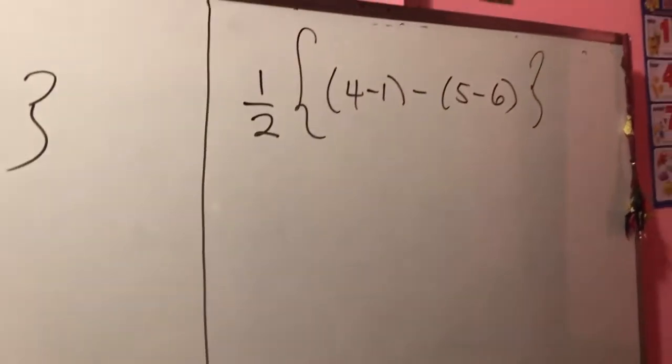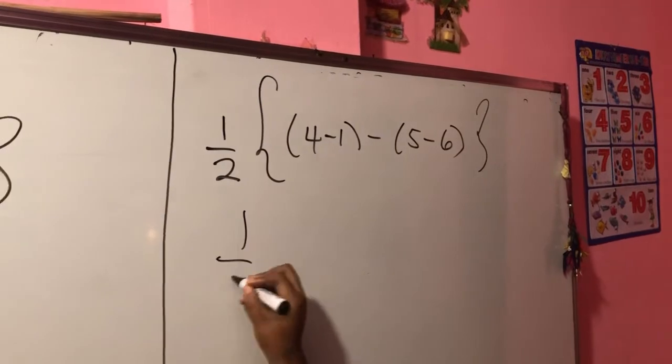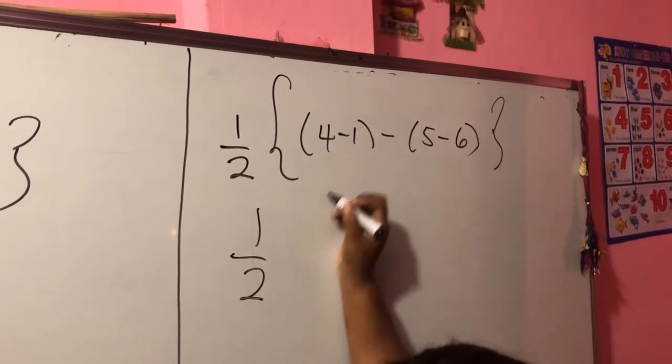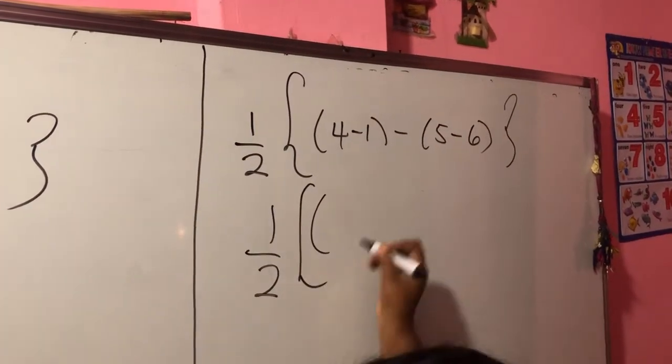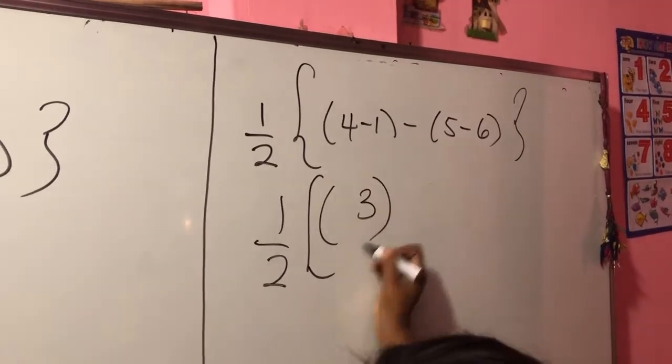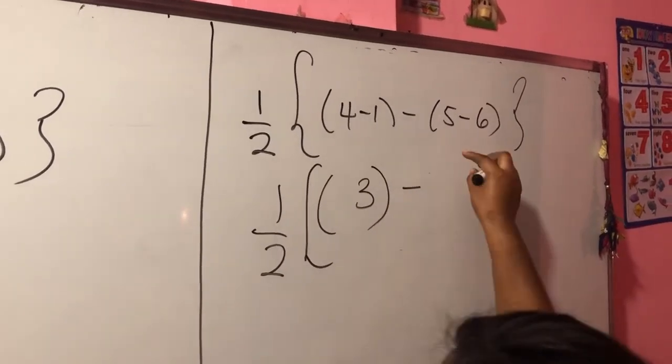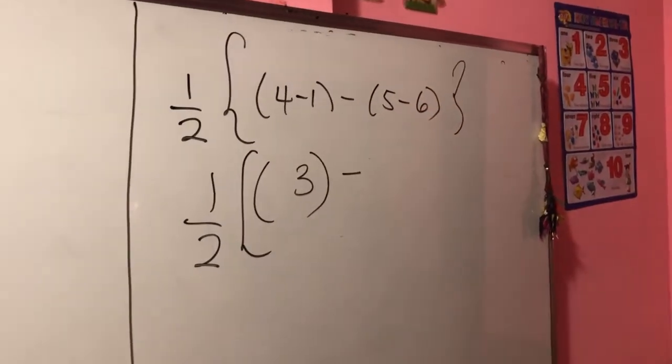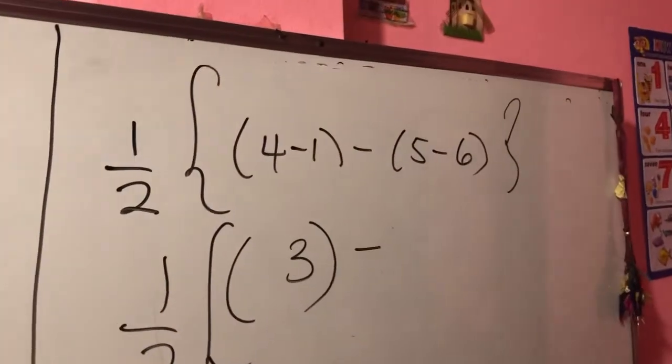So we deal with the one in the bracket first, you remember, right? Now, 4 minus 1. 4 minus 1 is what? 3. We know that, right? And we have what? 5 minus 6. What is the new rule we learned yesterday?